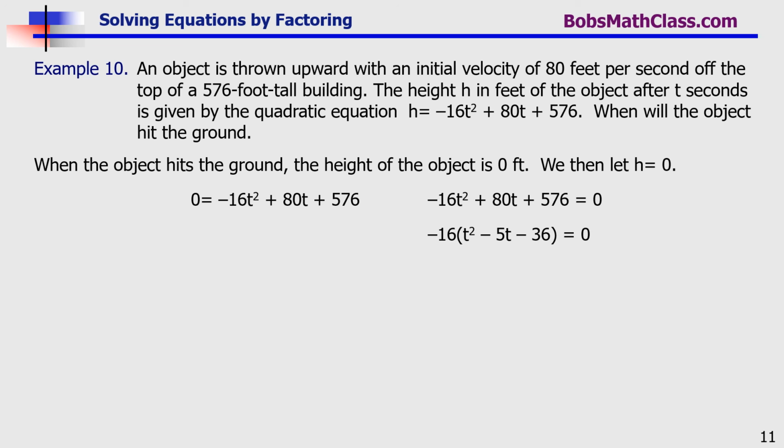So that gives you t squared minus 5t minus 36. Okay, now that -16 we're not going to worry about, but we've got to factor that trinomial. Let's see, 36 is 9 and 4, 6 and 6, 12 and 3. I think it was 9 and 4, right? Yeah. So t minus 9 and t plus 4.